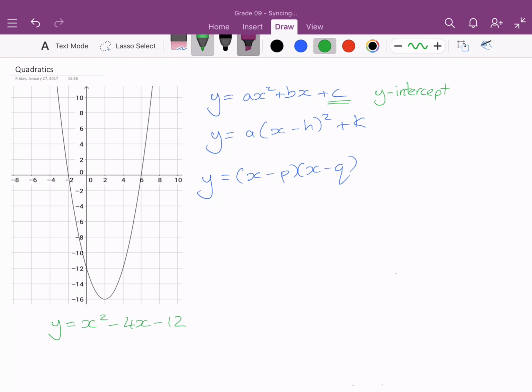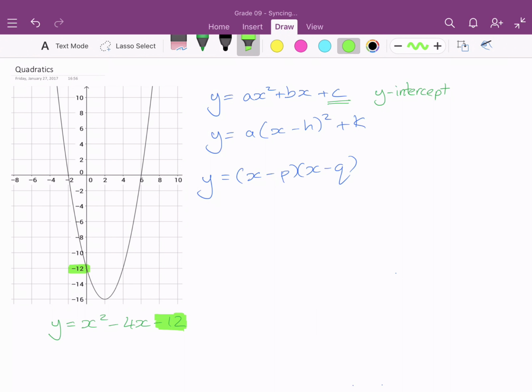Let's have a look at our graph. If we look over here, we can see the y-intercept is here at the minus 12. And in our equation, the minus 12 is the y-intercept that we have here. So that's why it's called the y-intercept form.